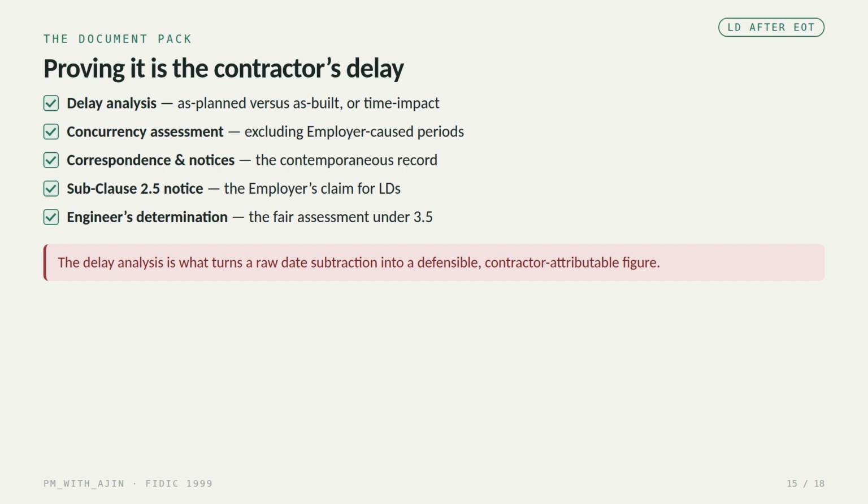A concurrency assessment that excludes any employer-caused periods. The correspondence and notices that form the contemporaneous record. The employer's notice of claim under subclause 2.5. And the engineer's determination under 3.5. It's the delay analysis, above all, that turns a raw subtraction of dates into a defensible, contractor-attributable figure.